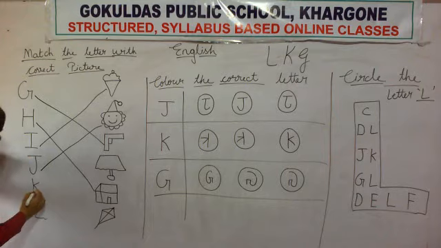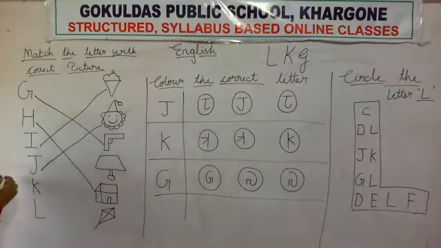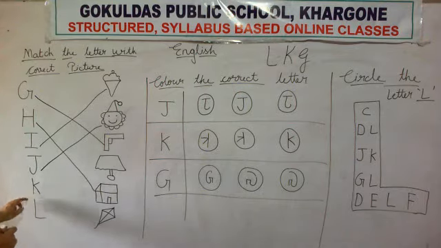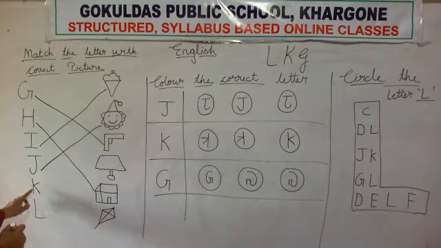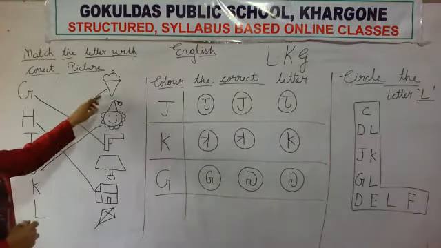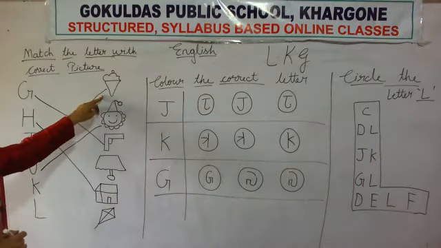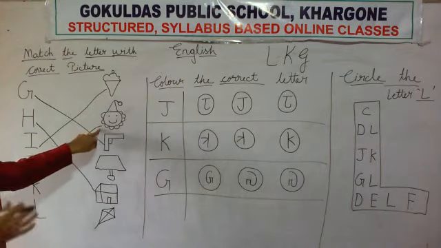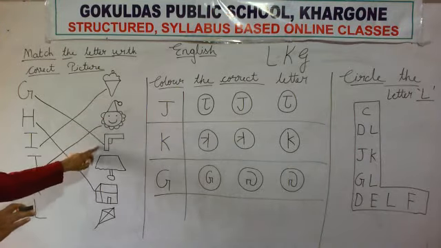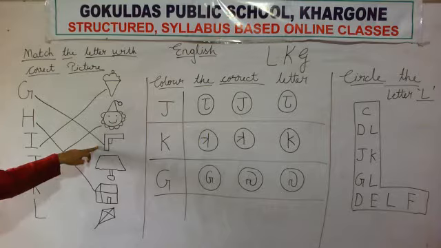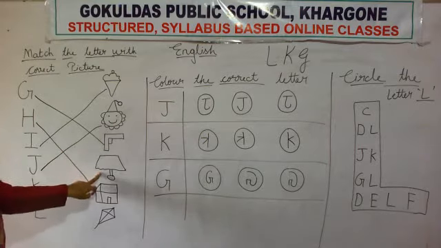Okay, next. Which letter is this? This is K. K for ice cream? No. K for joker? No. K for gun? No. K for lamp?